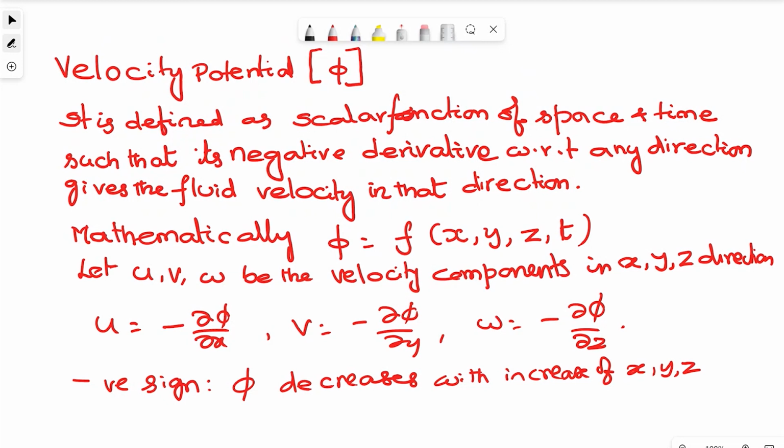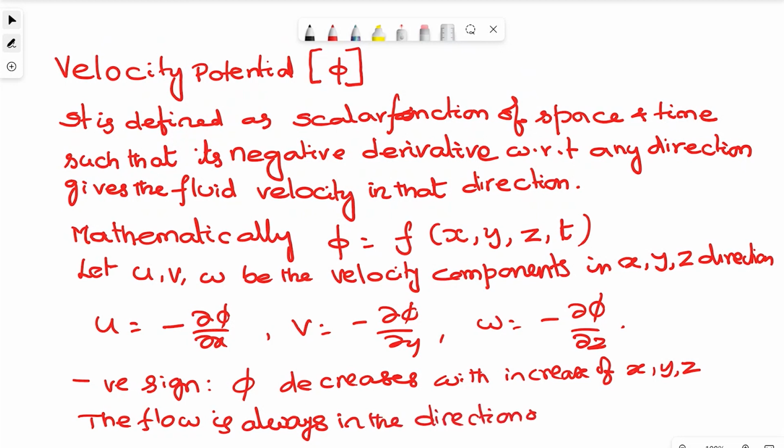Again, the flow is always in the direction of decreasing phi.